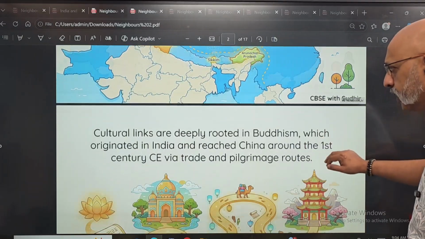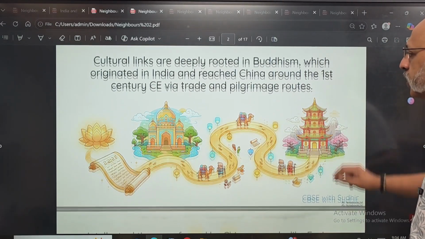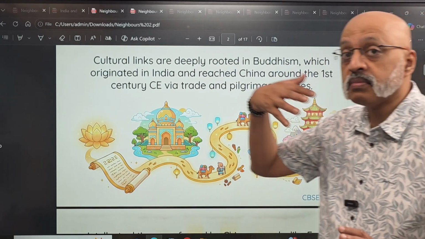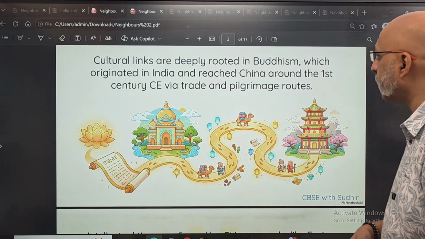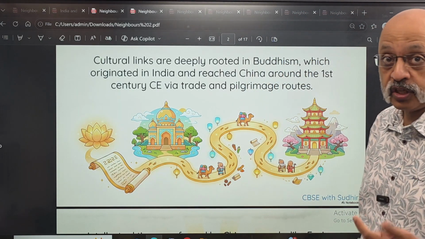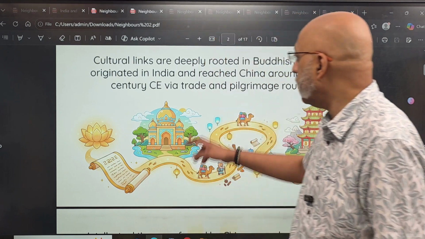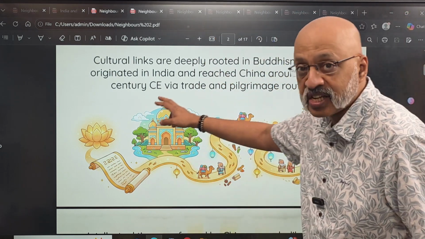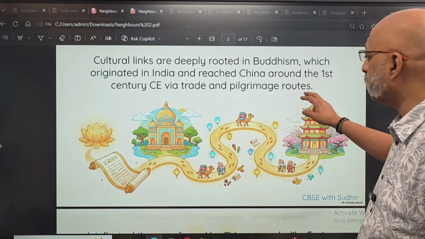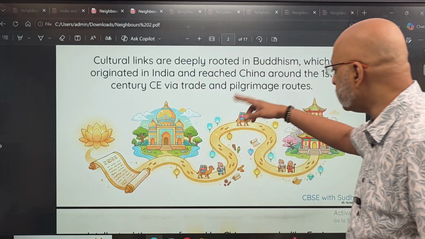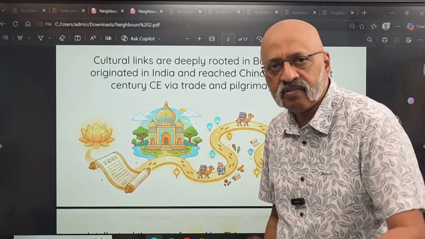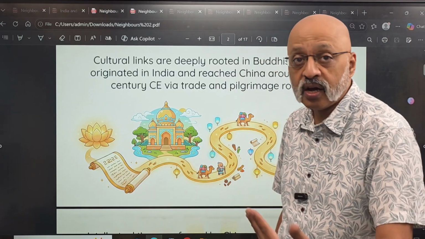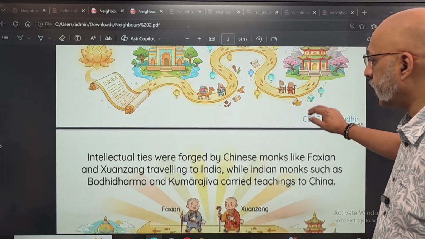Now, cultural links are deeply rooted in Buddhism, because Buddhism is the religion which is largely practiced in parts of China, which originated in India. Buddhism, of course, originated in India and reached China around the 1st century CE via trade and pilgrimage routes. So you had Buddhism almost being exported to China because travelers and traders went from India to China.